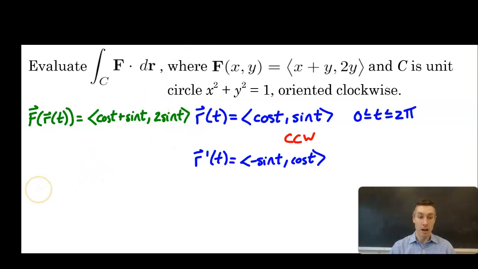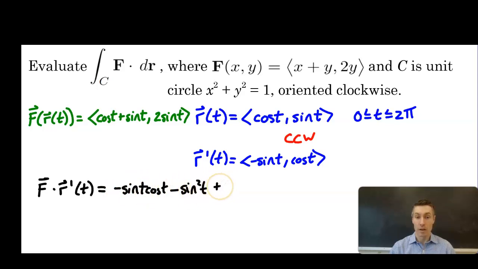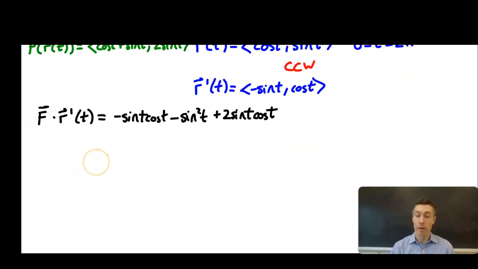Now we dot the vector field with r prime of t. So we get negative sine t cos t minus sine squared t plus 2 sine t cos t. Now we do have to remember that we are setting up the negation of the integral.